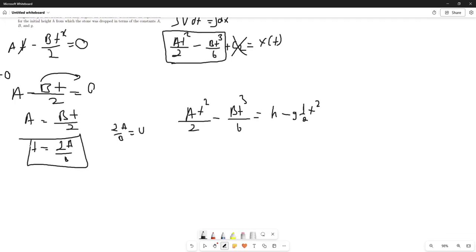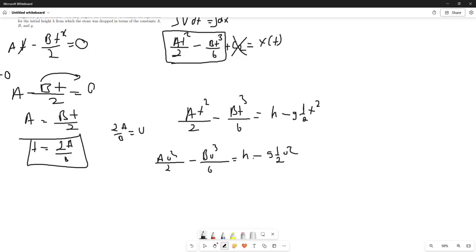And we find t as u, so: a u squared divided by 2 minus b u cubed divided by 6 equals h minus g times 1 divided by 2 u squared.